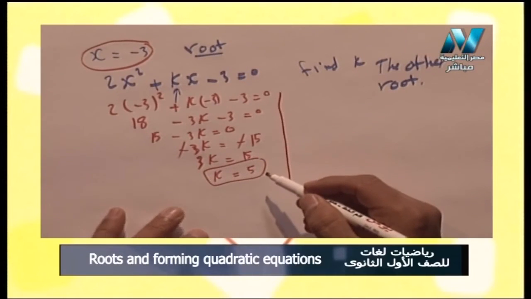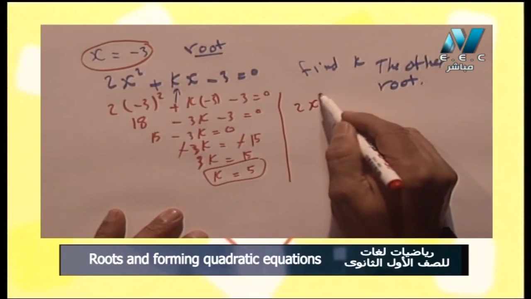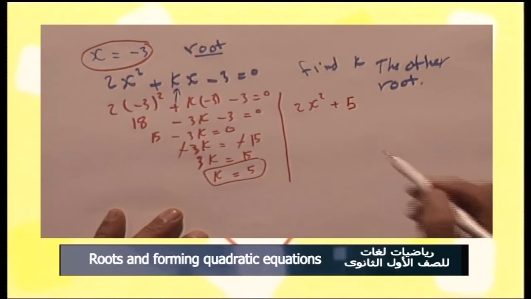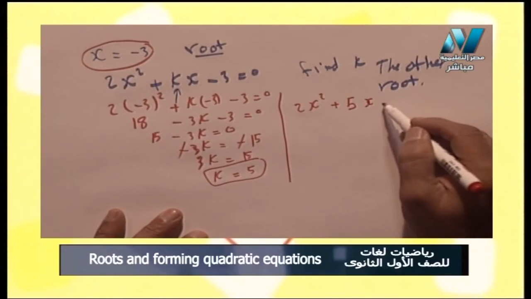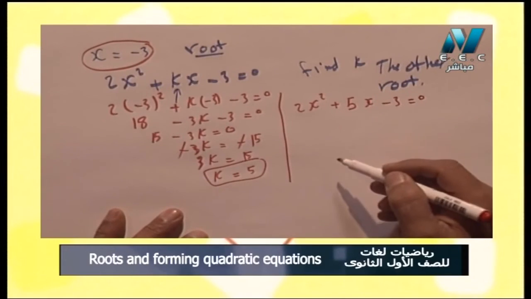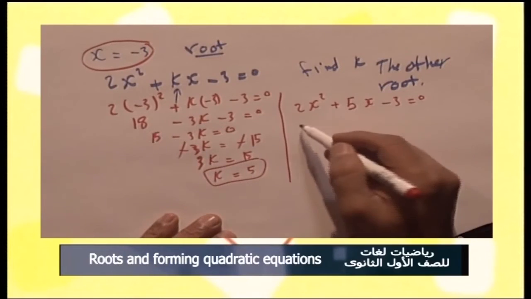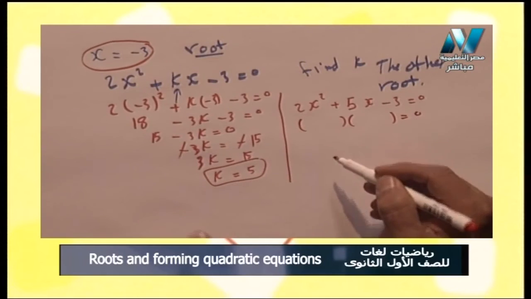By substituting here about k, we have the equation again, 2x^2 + 5x - 3 = 0. And we will try to factorize this equation into two brackets like this.